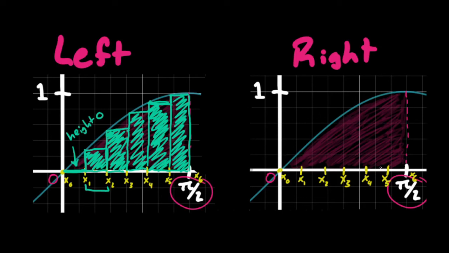If I go on the other side, for right-hand Riemann sums, I just start at the opposite end. So I go here and I pick this guy, then I trace on over, and then I go up, bam, 1 box, and 2 boxes, and 3 boxes, and let's see, 4 boxes, 5 boxes, 6 boxes.